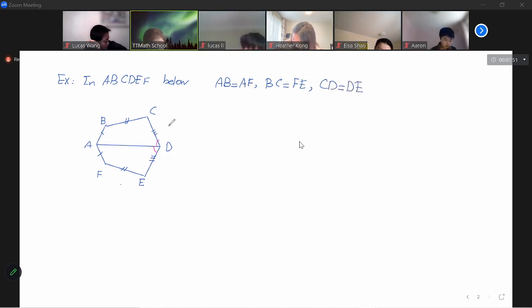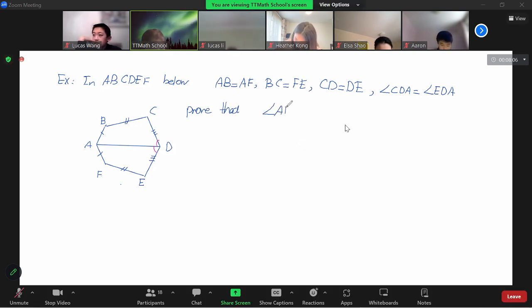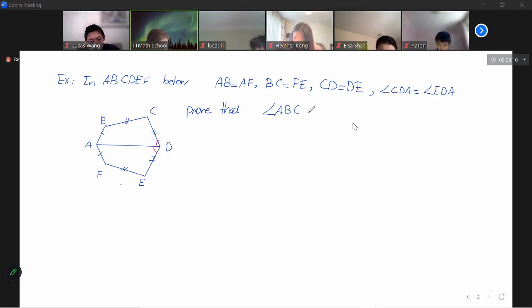And the angle CDA is equal to the angle EDA. Now the question is asking you to prove that the angle ABC is equal to the angle AFE.